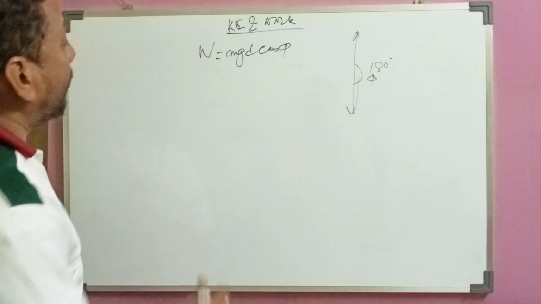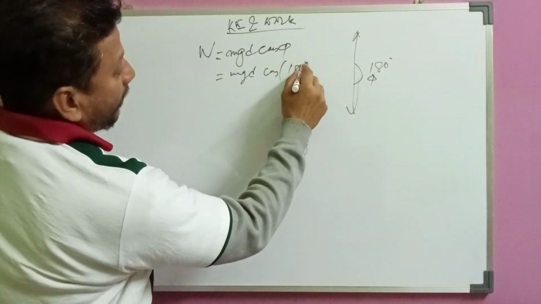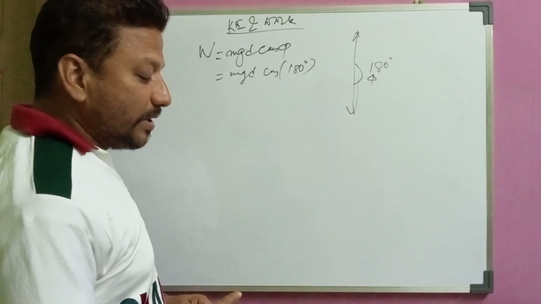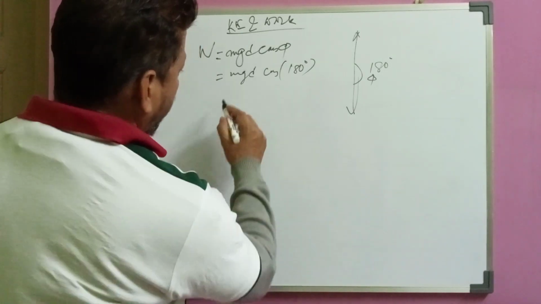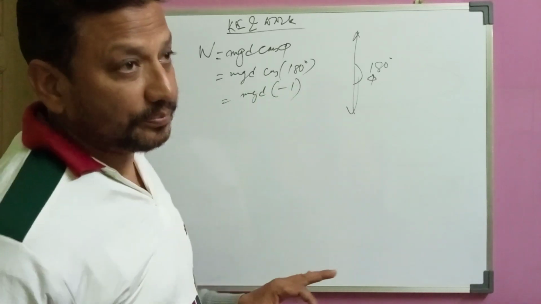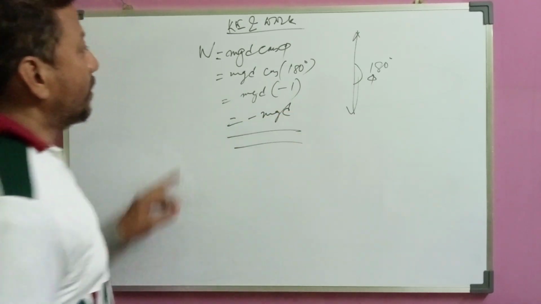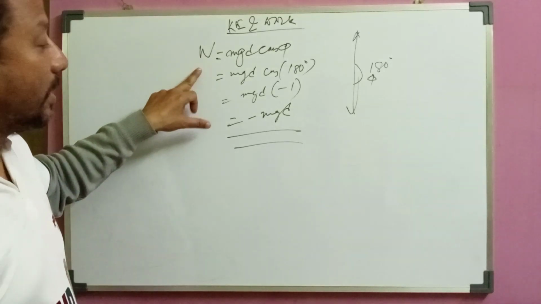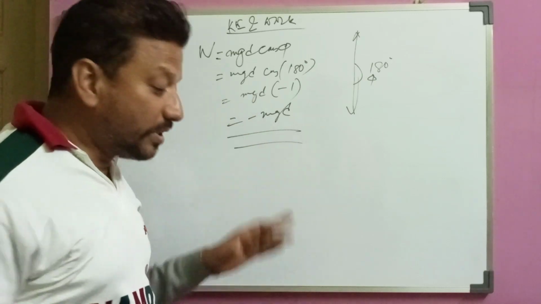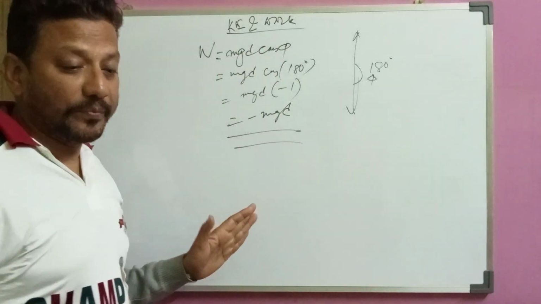So what will be the formula? mgd cos 180 degrees. Got it? So what will cos 180 degrees be? It is minus 1. So it will be minus mgd. So when you use this gravitational formula, this work will be minus mgd. These are the scenarios. You have to feel it this way, and the concept should be clear this way.